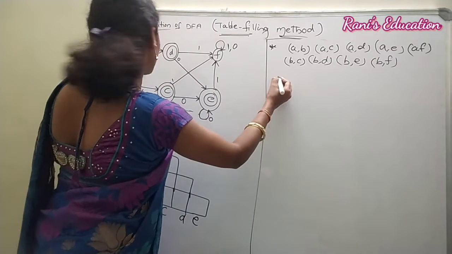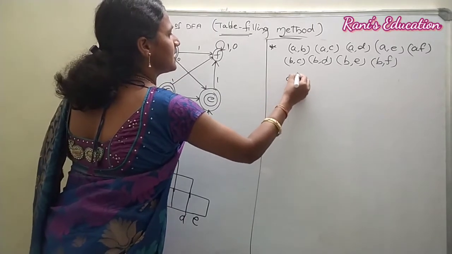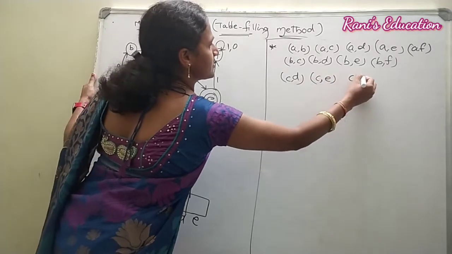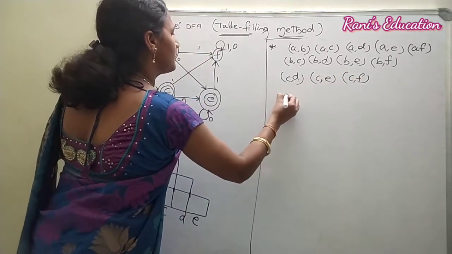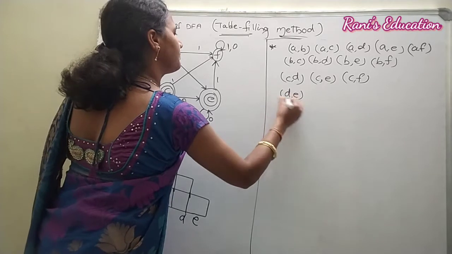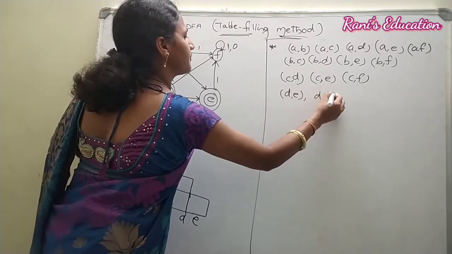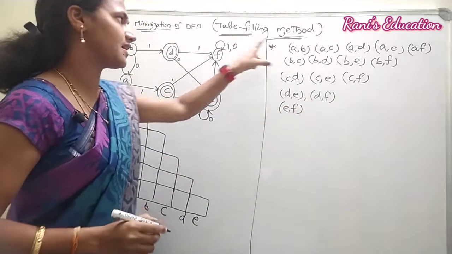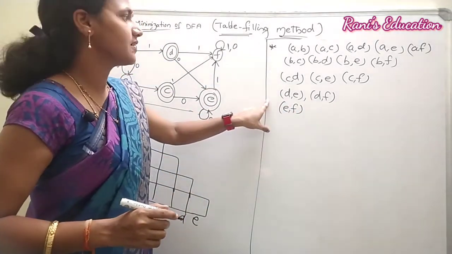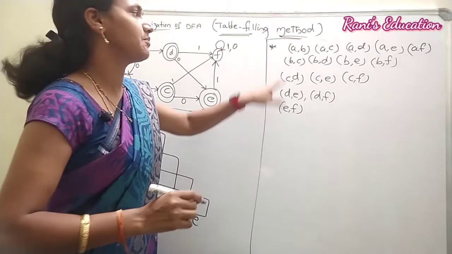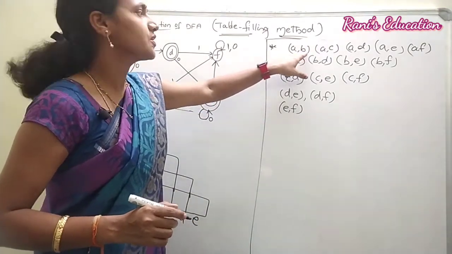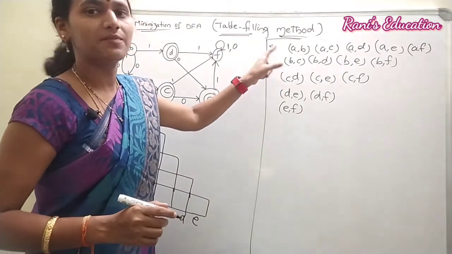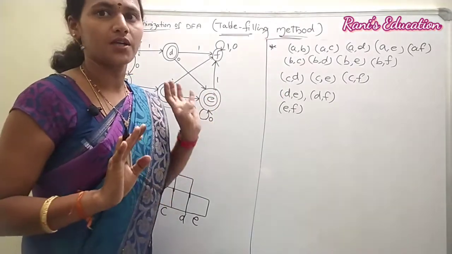With respect to C: CD, CE and CF. With respect to D: DE, DF, and with respect to E, EF only. Now we can see in all the state pairs we didn't get any replication. That means AB is already written, so have I written the BA state pair here? No. That means duplications are not allowed here.